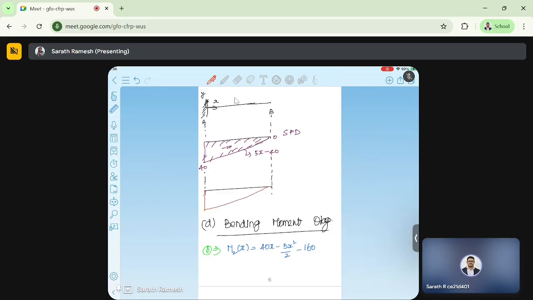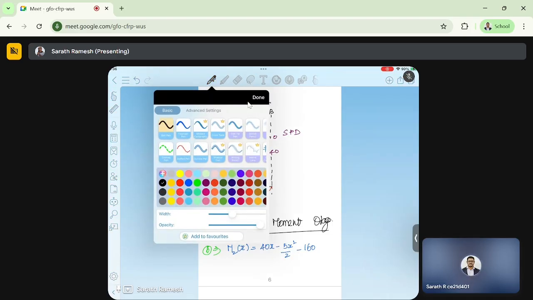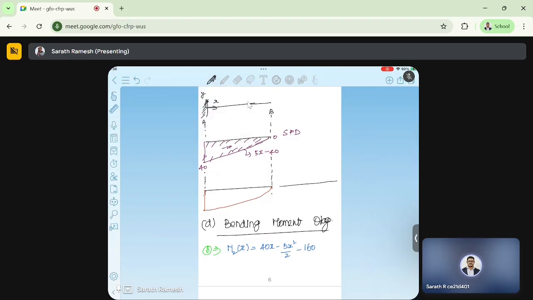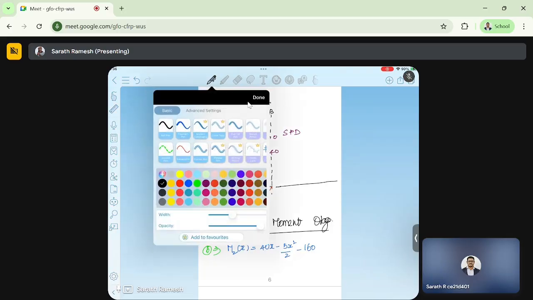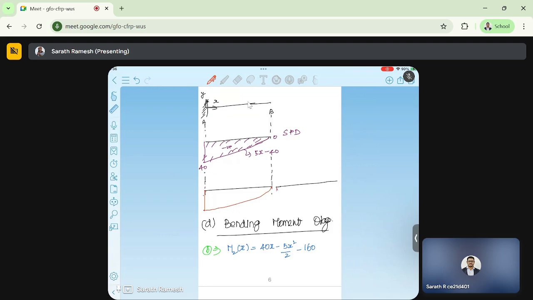So we can get two possibilities. This is possibility number 1. Let me draw it a little more legibly. Or we can also get a possibility like this.